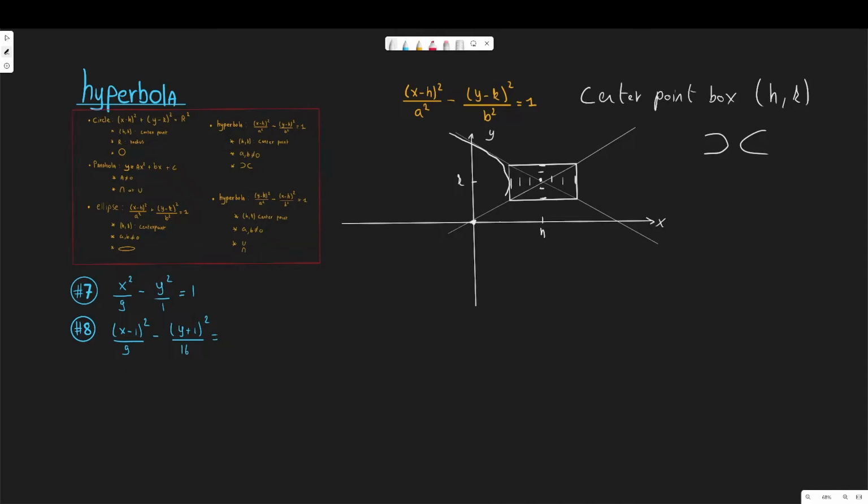Then we'll hit the center of this box side and then just follow the asymptote as follows, like this. And then we'll repeat the process for the opposite side. So we follow the asymptote like this, we hit the center of the side, and we follow the asymptote back like this. So those two lines will be our sketch of our hyperbola.